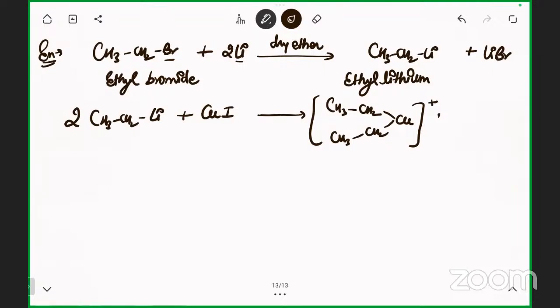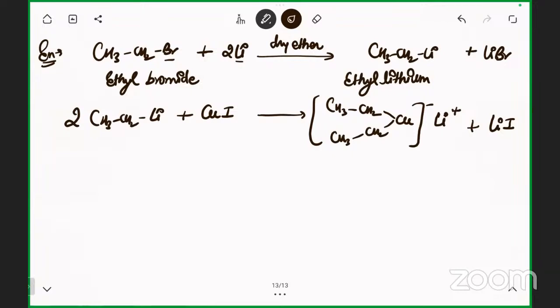Oh sorry, this will have a negative charge, and we have lithium as a positive charge here. Then what is left in the compound? We have lithium and iodine, LiI.